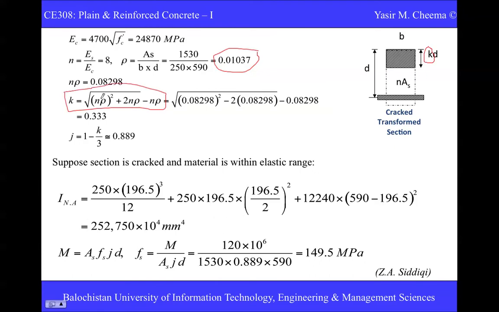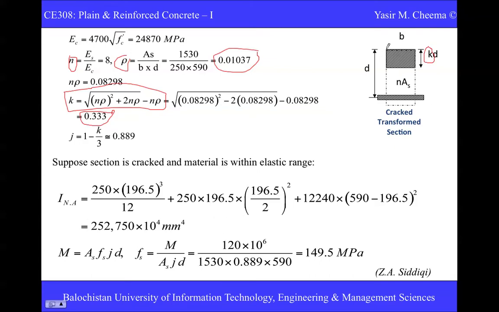For this we need n times the steel ratio, where n is the modular ratio. Using this formula we know the value of n and the value of the steel ratio, so you can find out this value of k. This is just a factor k.